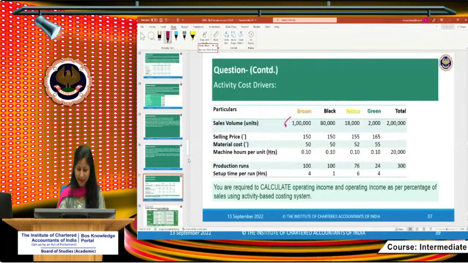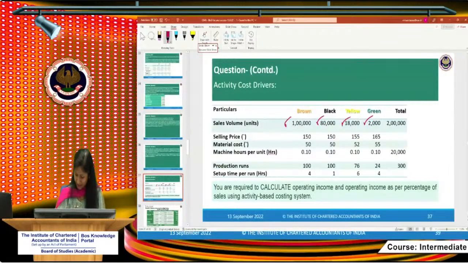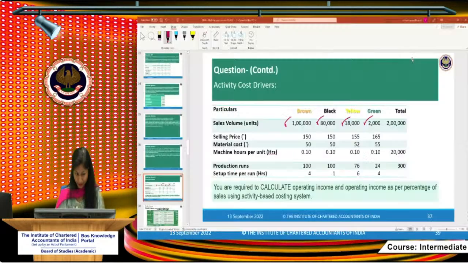Quantity, from the question we have taken 1,80,000, 18,000, 2,000. This is done. For the sales figure, I'll put one figure, and you already have the solution, so we will not put every figure here.